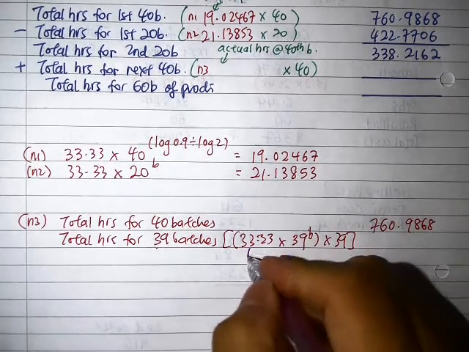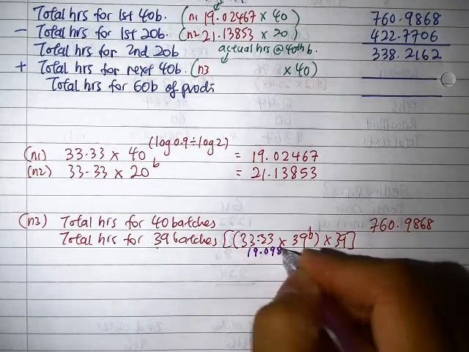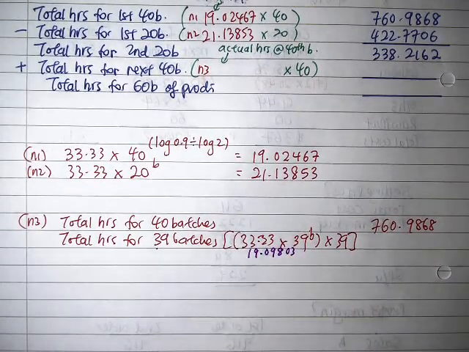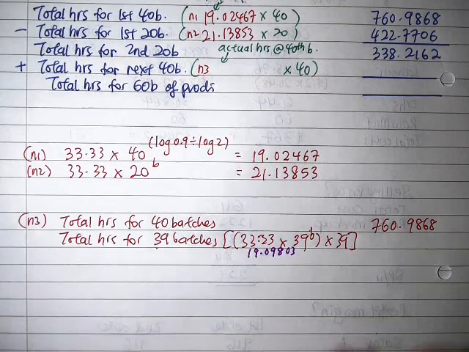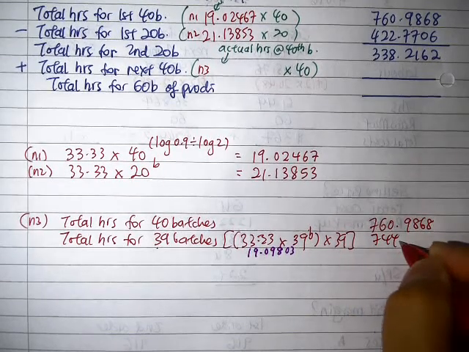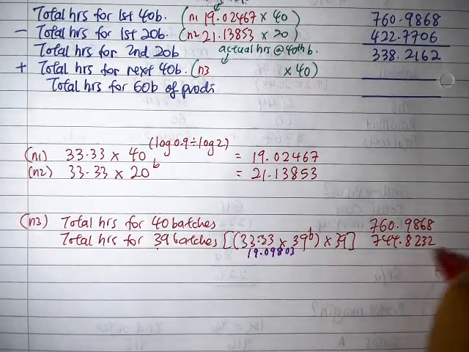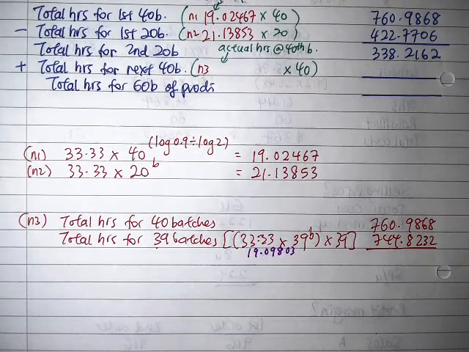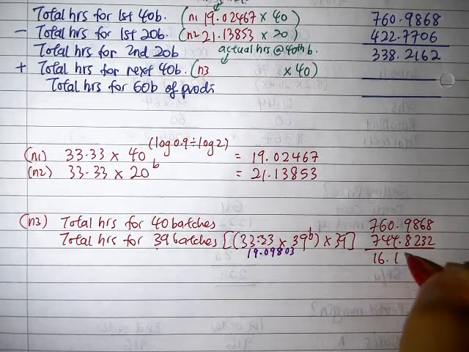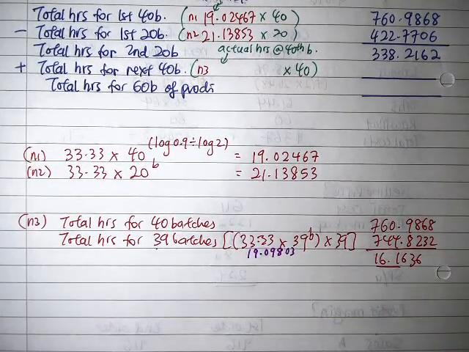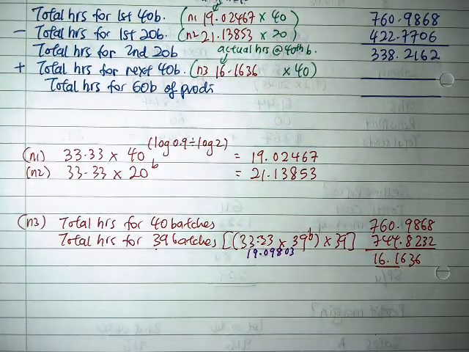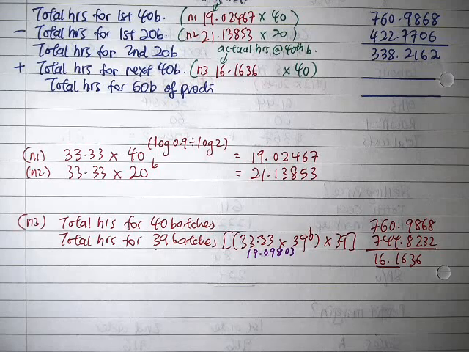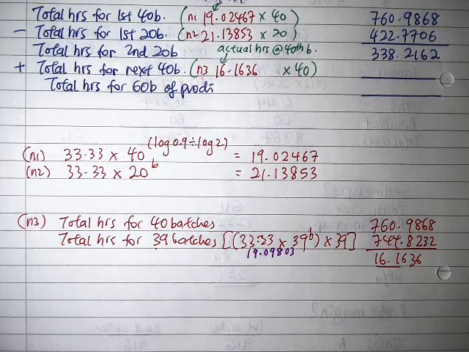Now this will give us 19.09803, and we're going to get 744.8232. But that is the difference, 16.1636. So the actual hours we need once you've reached the 40th batch is 16.1636.